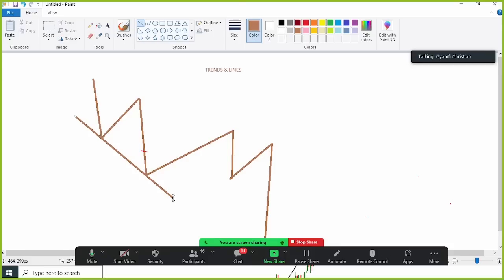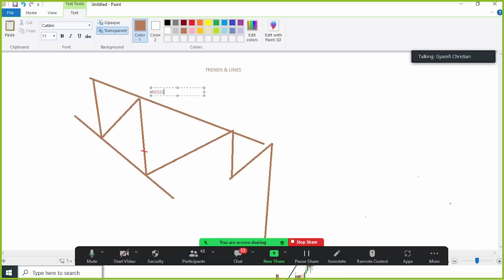So it depends on where you have the trend line. Based on how we got to understand support and resistance yesterday, this would be our support. And if I draw another one here, this is supposed to be our resistance.